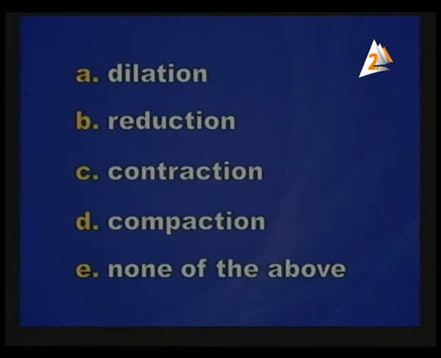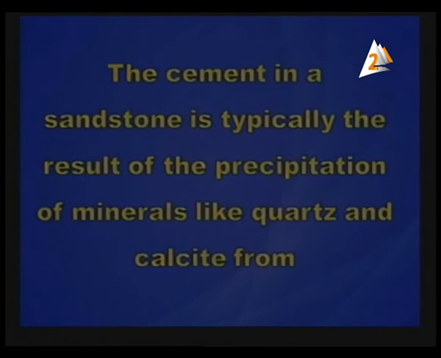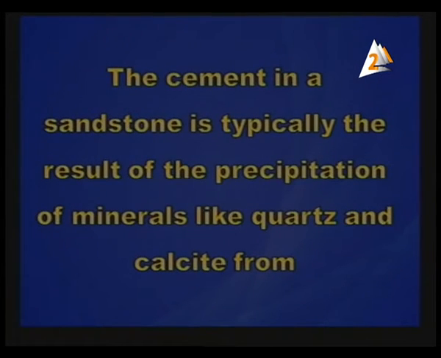As you see, my dear students, the process which leads to reducing the porosity or the pore space of the rock because of the overlying sediments is compaction, which is the right choice here. This is the process of compaction. Now let's go to the next question.